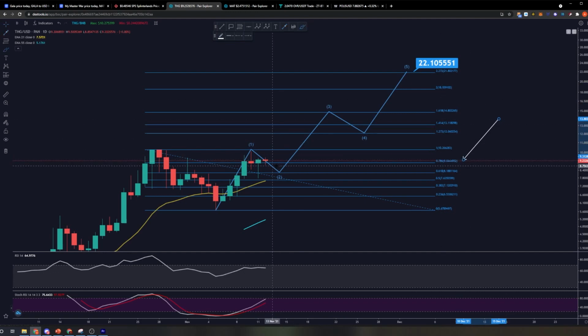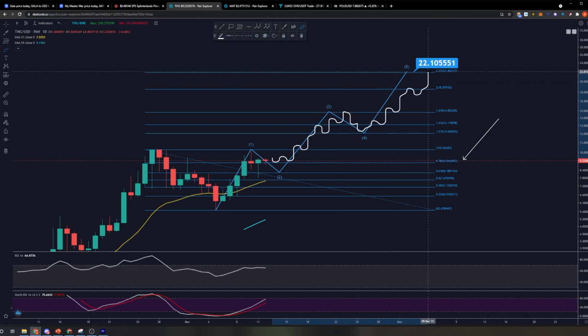So you can imagine moving forward, what's probably going to happen here is, if this is the bottom of the wave 2 and we're not going to correct anymore because it has found strong support at the 786, you can imagine it will probably do something like this, where you're running up here and then eventually break it, and then you maybe have a strong rally right here, and then you find support levels on the 1.272, maybe play around a little bit here, hit the 3, and begin the correction to the wave 4, something like this, and you're moving forward right around here, and then you have a strong rally to the wave 5.